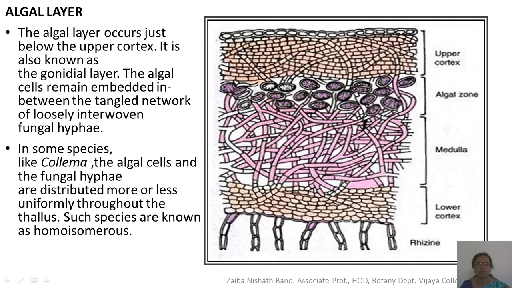In a homoisomerous species, in this entire region, as I am showing you with the cursor, there is a more or less homogeneous distribution of the algal cells along with the fungal hyphae. You don't find a demarcated algal zone and a demarcated zone of the fungal hyphae termed as the medulla.